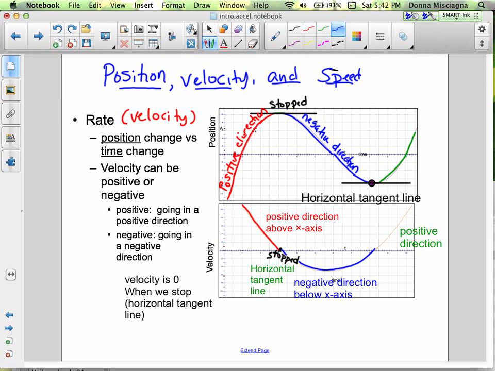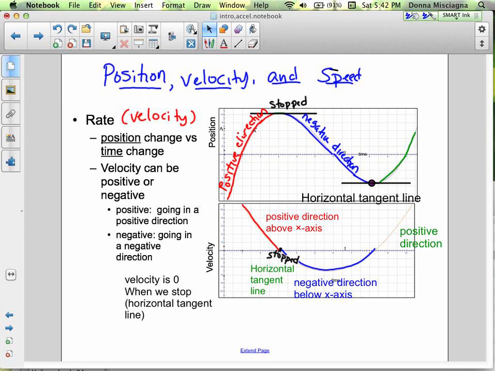Notice here we have a horizontal tangent line there at t equals, it looks like maybe, let's see, 2, 3, 4, 5, 6, 7, looks like 8. So at t equals 8 seconds there, we have a horizontal tangent line.